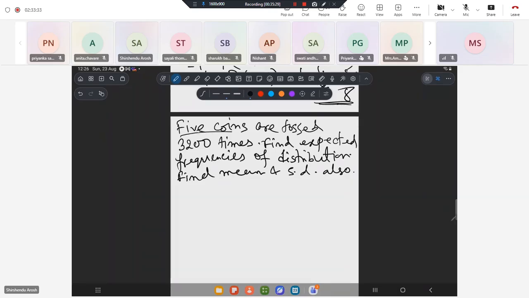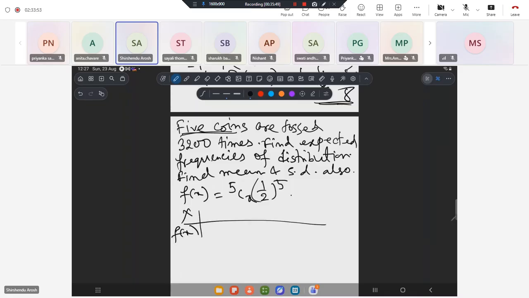So 5 coins are tossed. Of course, we know the f(x) would be 5Cx half to the power 5. This does not change anything. So depending on how many heads we are going to get as per the success, let's write down 0, 1, 2, 3, 4, 5.